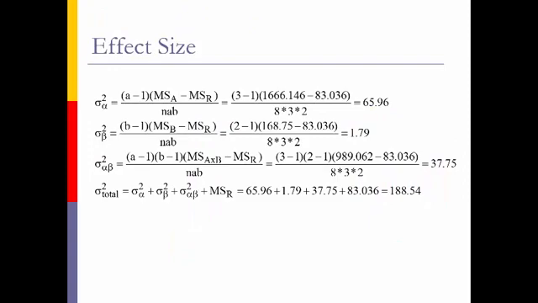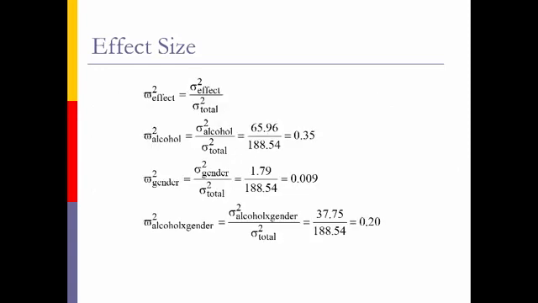All right, the effect size. Again, we're going to go ahead and use the omega squared, but you have to get your standard deviations and variances first. And then we end up with our omega squared, so we can say the effect of alcohol was somewhat of a medium effect.